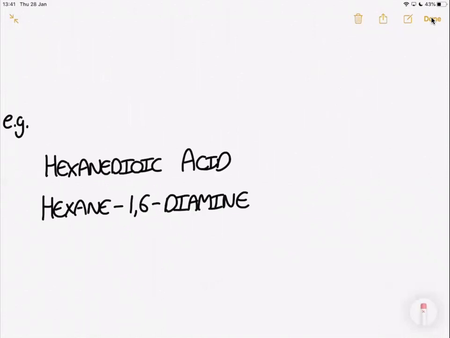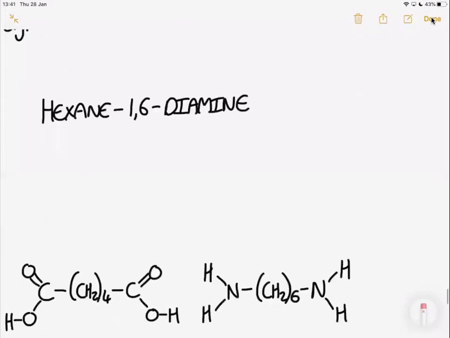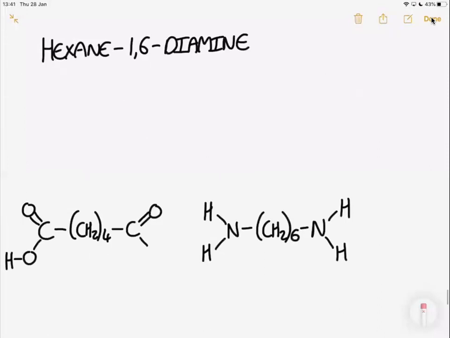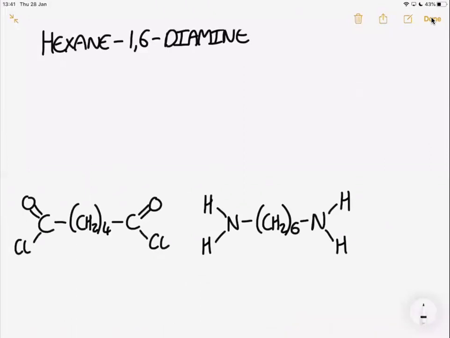Let's say that we keep the diamine the same, but we change to this molecule. That combination, I'd like you to just have a look at.